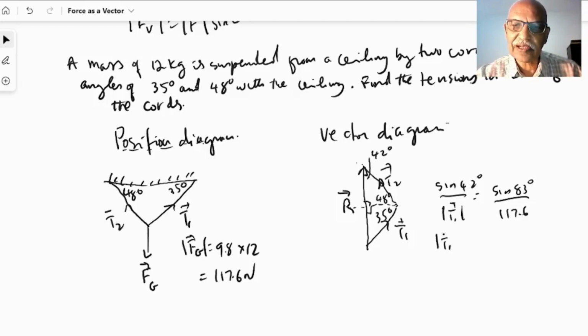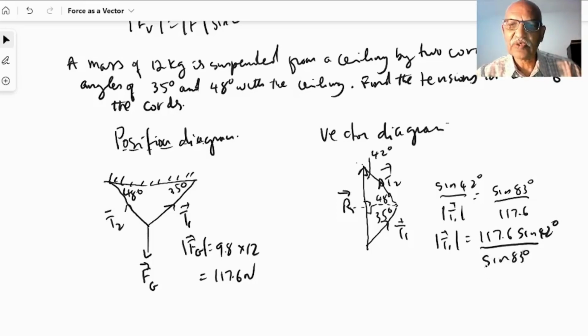Therefore, T1 will be 117.6 times sine of 42 over sine of 83 degrees, which is equal to 79.3 newtons. This is tension 1.